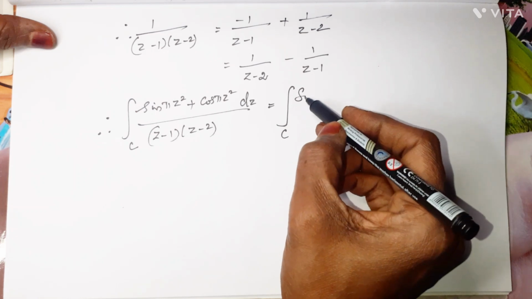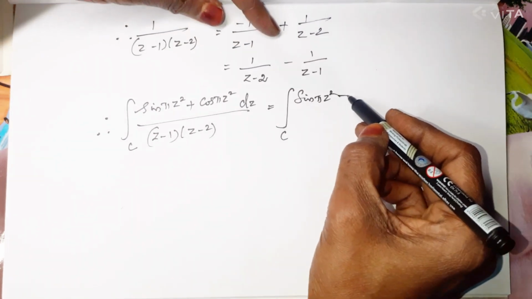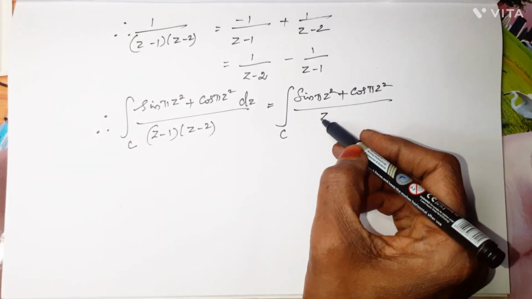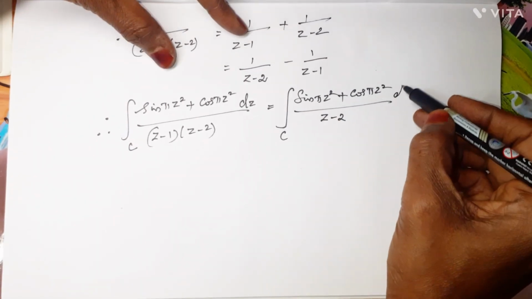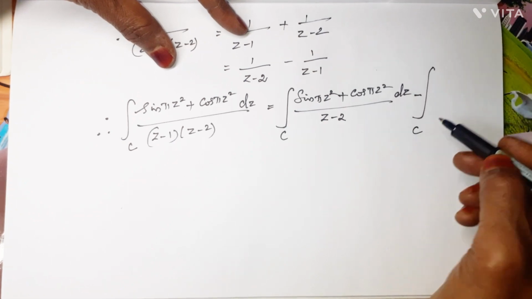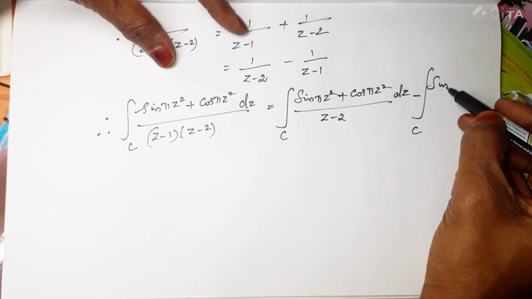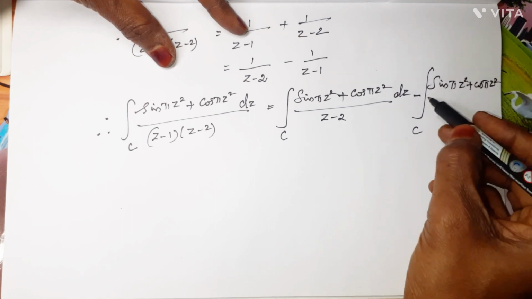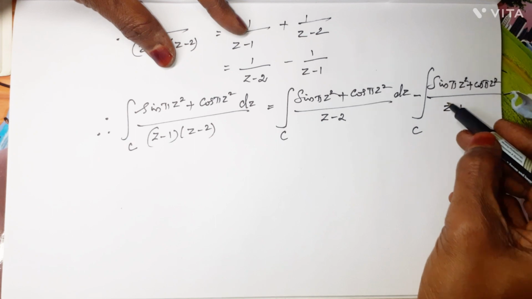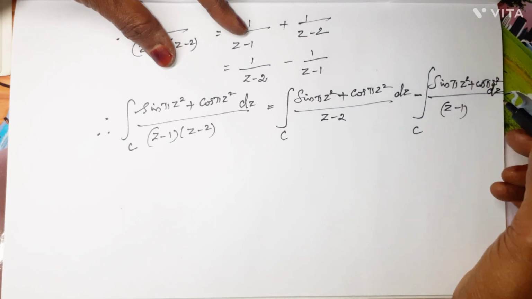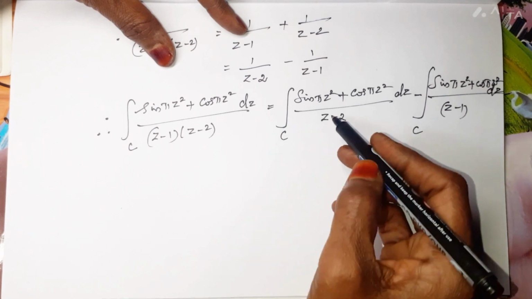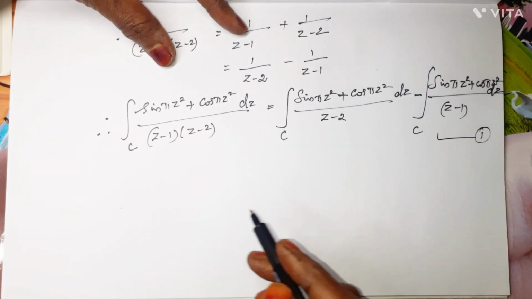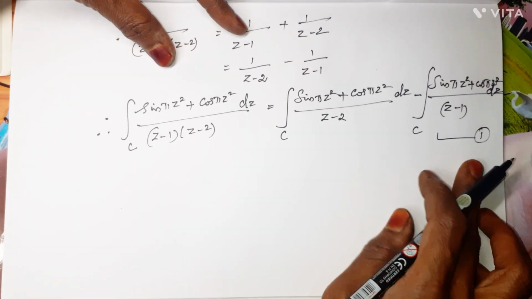Integral over C of (sin πz² + cos πz²) by (z minus 2) dz, minus the second integral, integral over C, the same numerator, by (z minus 1), everything into dz. So we are going to do these two integrations separately. Let me give the number for this equation as 1.